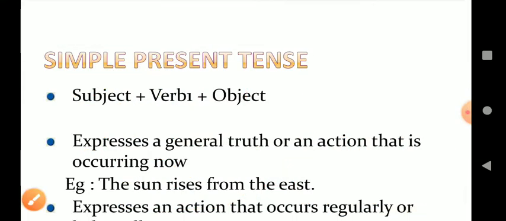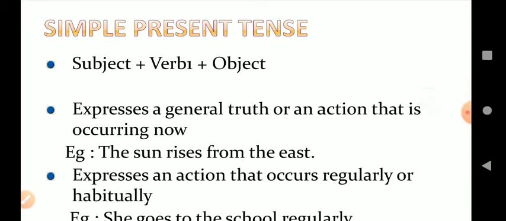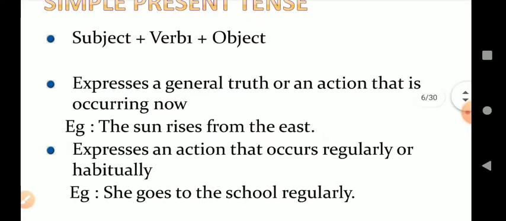Now first is simple present tense. As you are seeing, the rule is subject plus verb plus object. We all know what a subject is. Subject means the part of the sentence about which we speak, and object is what we speak about the subject. Now, what is simple present tense?